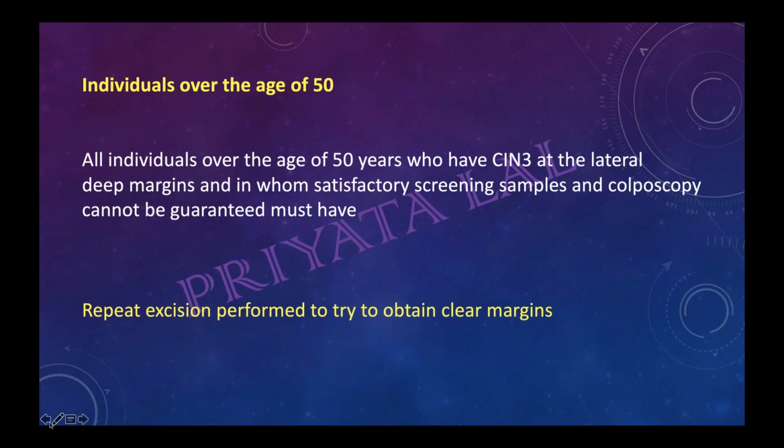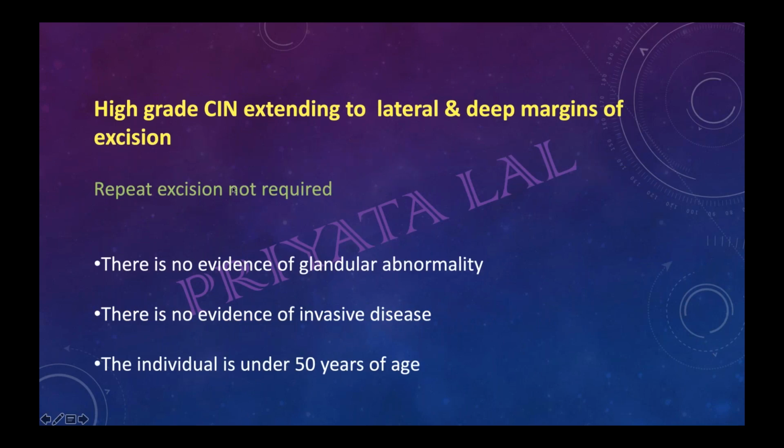Okay. Now, I'm repeating it again. If the tissue report has come back and high grade CIN is there, extended to lateral and deep margins, and your patient is young, less than 50 years of age, with no evidence of gland involvement or invasive disease, you will not do excision again.